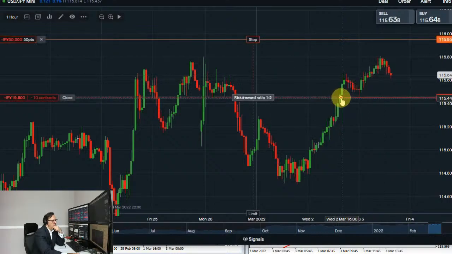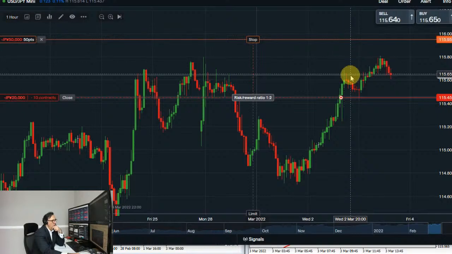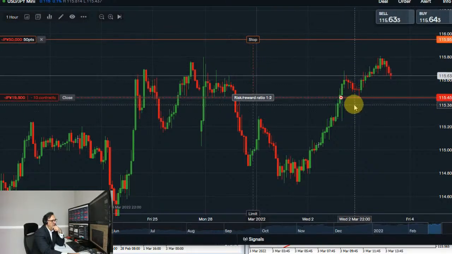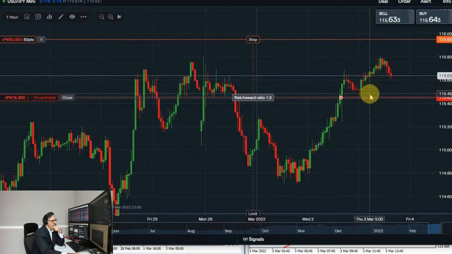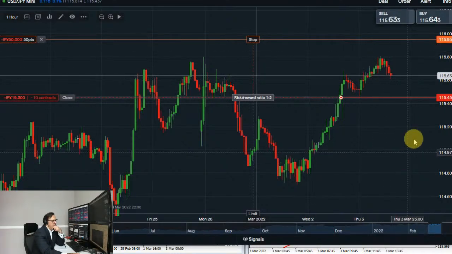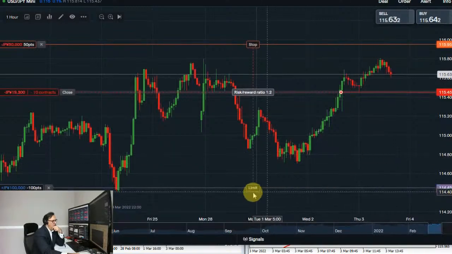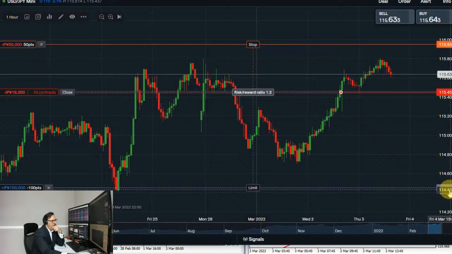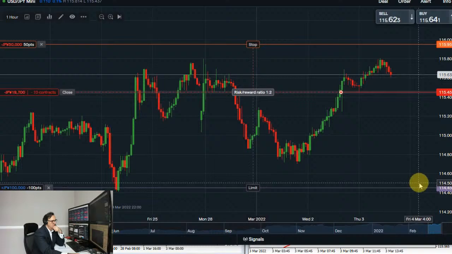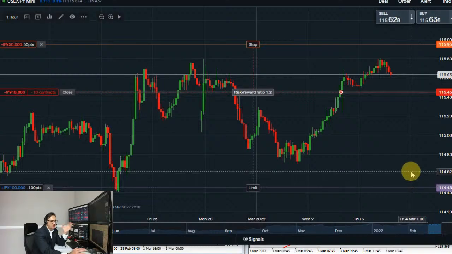Now let me show you where my stop loss is. So my stop is up here at 115.95. So there is about 50 points of risk on this trade. Where is my take profit or a limit order? Longer term limit order is down here at 114.45. So I'm risking 50 points to potentially make 100 points on this trade. I will readjust my position.